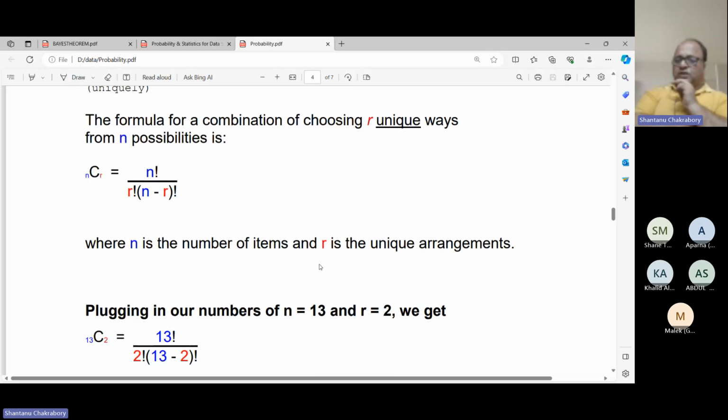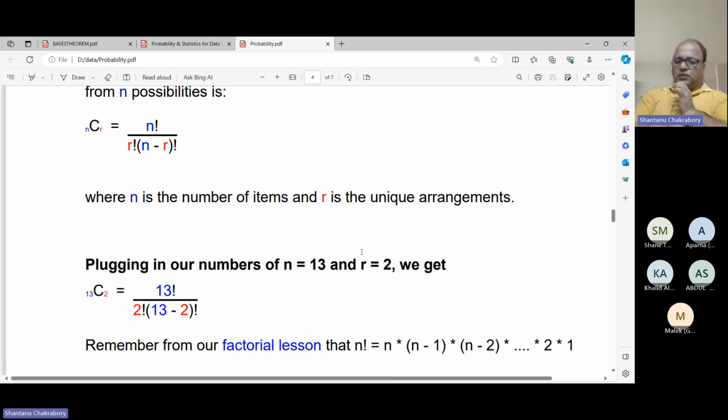So 13C2 will be 13 factorial divided by 2 factorial multiplied by (13 minus 2) factorial. So 13 factorial over 2 factorial into 11 factorial will give us the number of ways of choosing the cards. And how do we calculate the factorial?